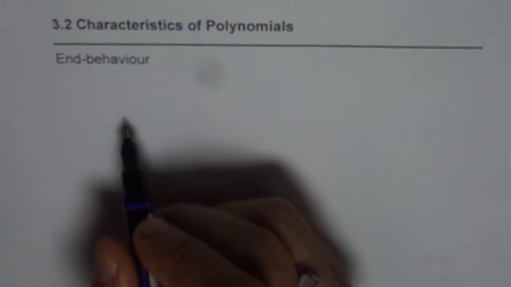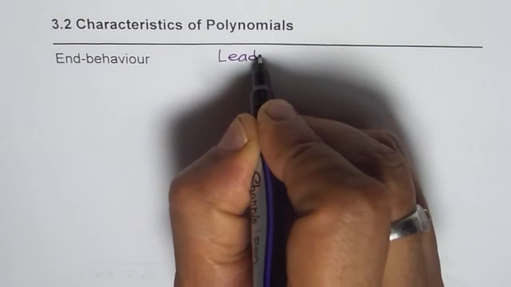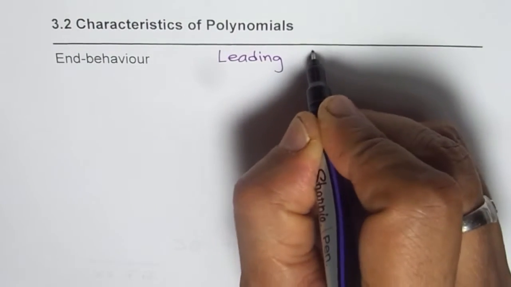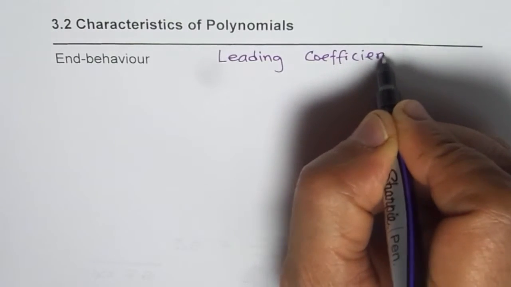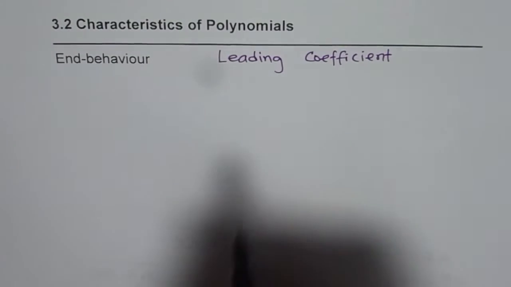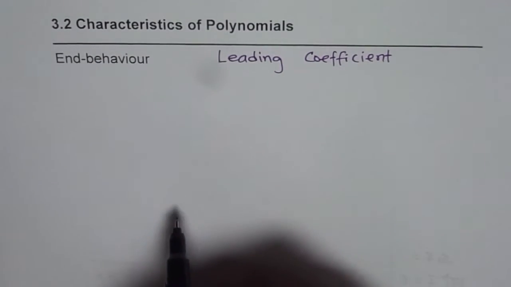I'm Anil Kumar, and in this video we will understand the characteristics of a polynomial, especially the end behavior. As you know, end behavior is dictated by the leading coefficient. So leading coefficient you have to see to decide the end behavior of a polynomial, right?